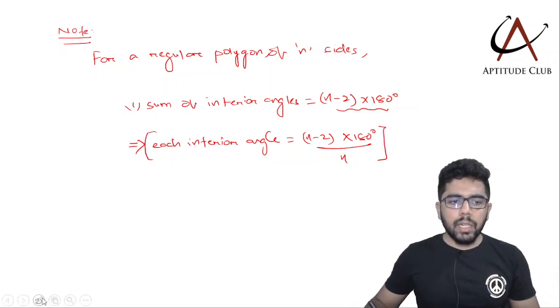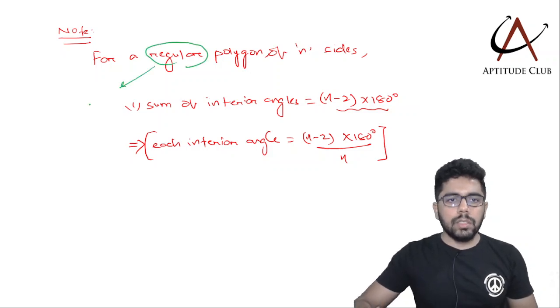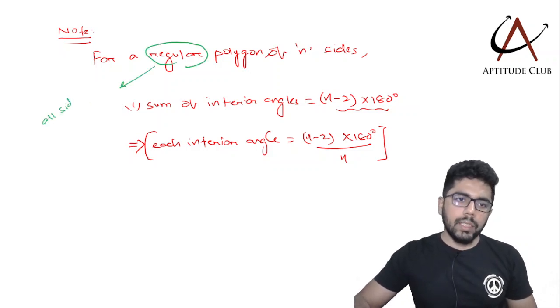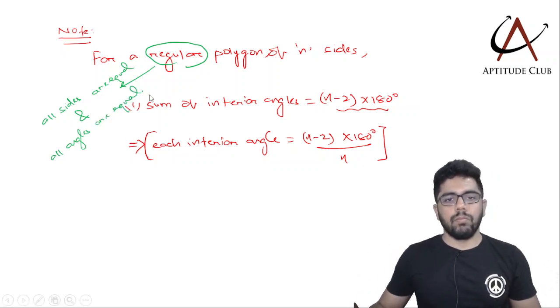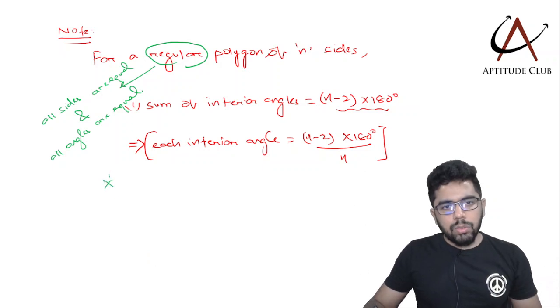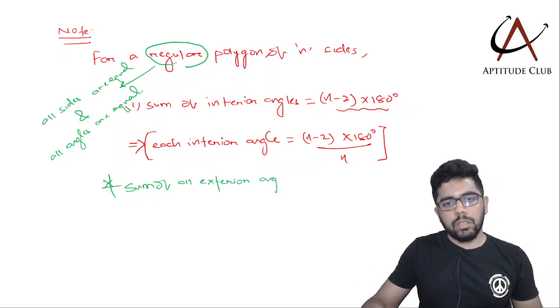And because each interior angle will be the same, the word regular here indicates all sides are equal, and as a result all angles are also equal. Also, not relevant to this question, but I can write the sum of all exterior angles is 360 degrees.